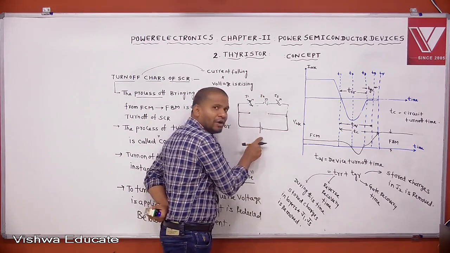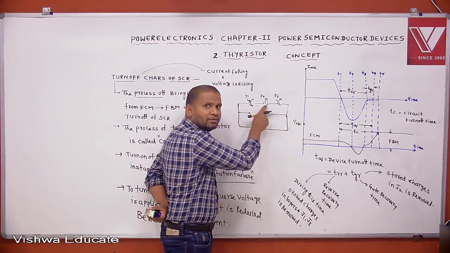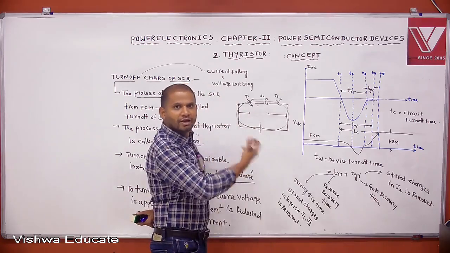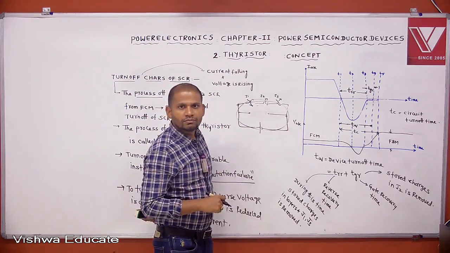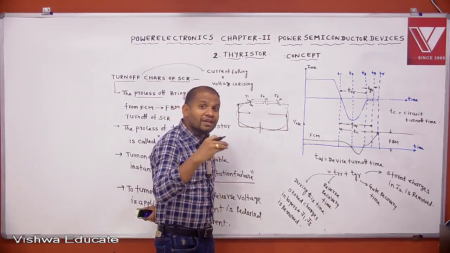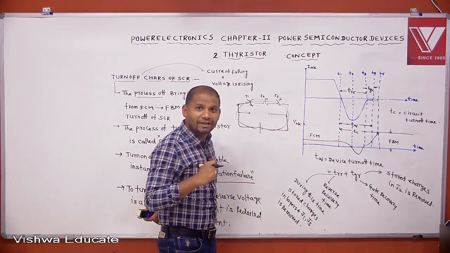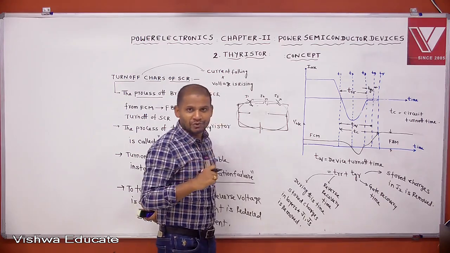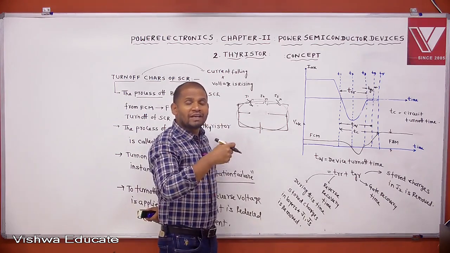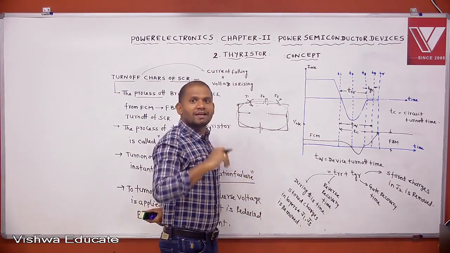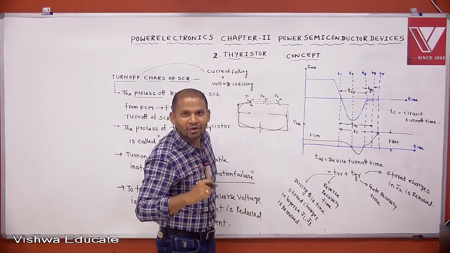Because of this forward voltage, J2 breaks down. Then the thyristor starts conduction without any triggering pulse. This is called commutation failure. That means if some charge carriers remain, J2 junction width is reduced, and then without a triggering pulse, just by applying forward voltage, the SCR starts conduction. That means we have not properly turned it off.